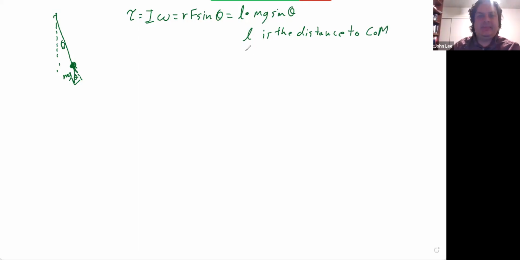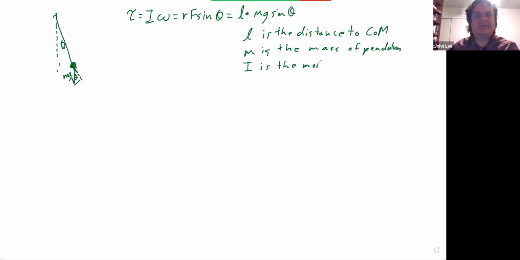where L is the distance to the center of mass, M is the mass of the pendulum, and I is the moment of inertia of the pendulum.